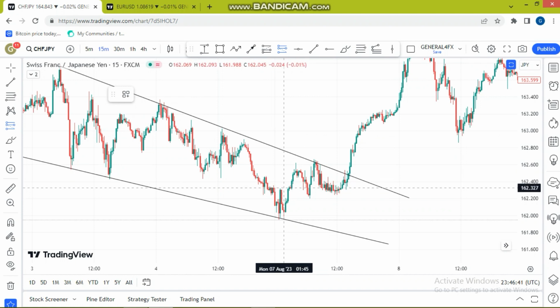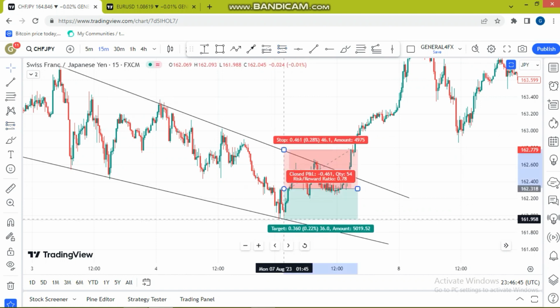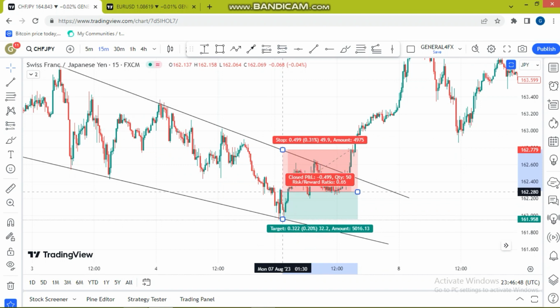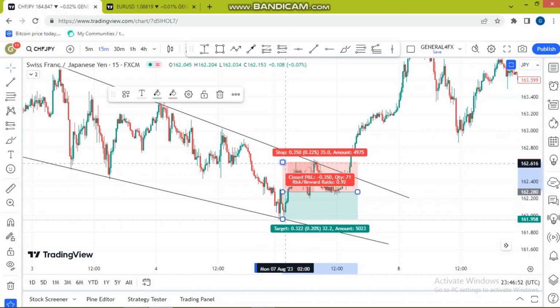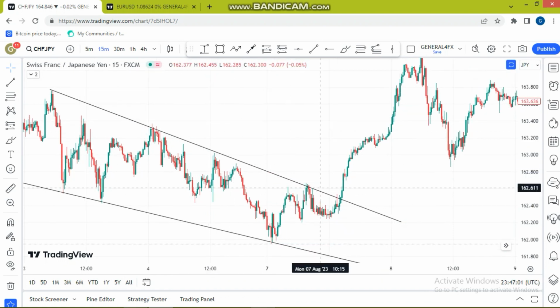I'll be going long from there, putting my stop loss somewhere below this place, and targeting the top candlestick, the top of the channel that is there. In this case, this is a 1-to-1 trade, and I will take it as my take profit. Now some other people might want to take the breakouts and all that.